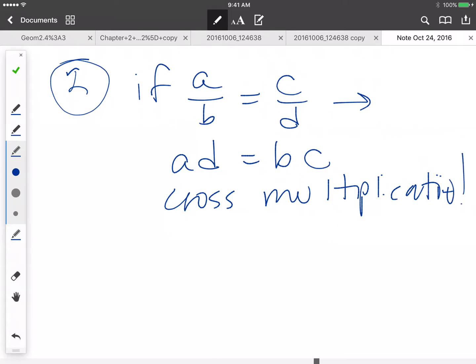And in this case, we also want to draw attention to a couple of things.